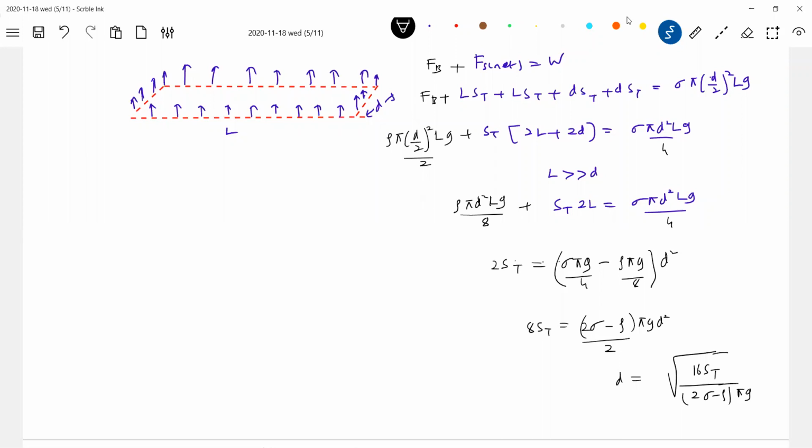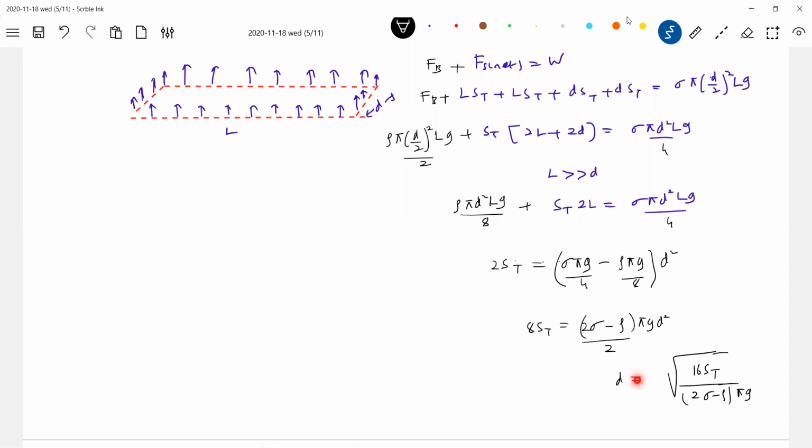Check the calculation once. So this should be the density of this one.